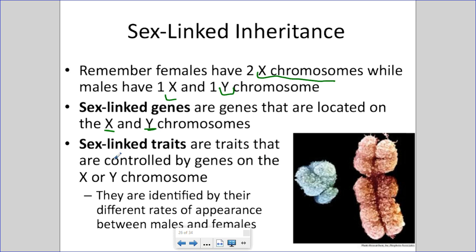Sex-linked traits are traits that are controlled by genes on the X or Y chromosome. They are identified by their different rates of appearance in males and females. This picture just shows a Y chromosome versus an X chromosome. The X chromosome is significantly larger compared to that little Y chromosome.